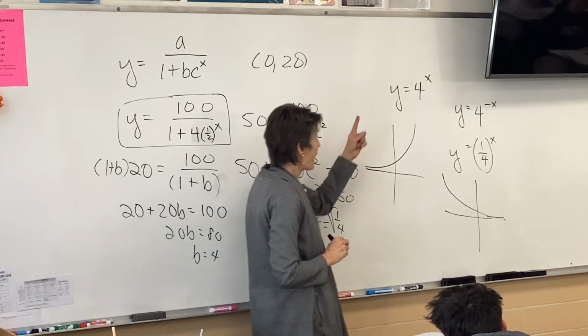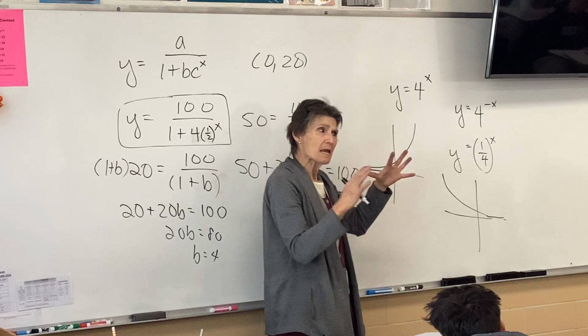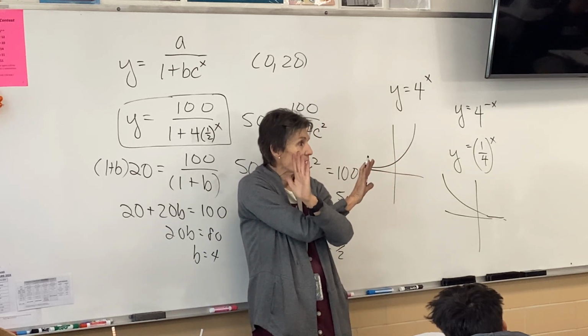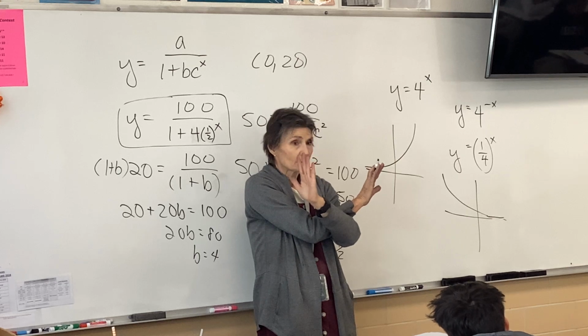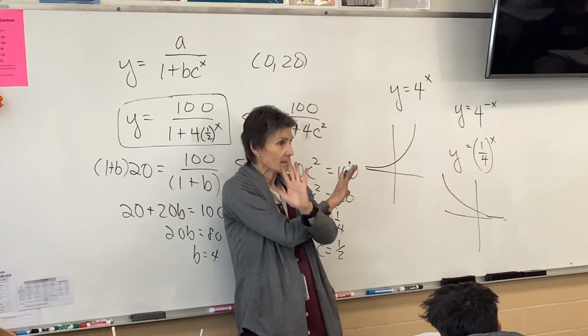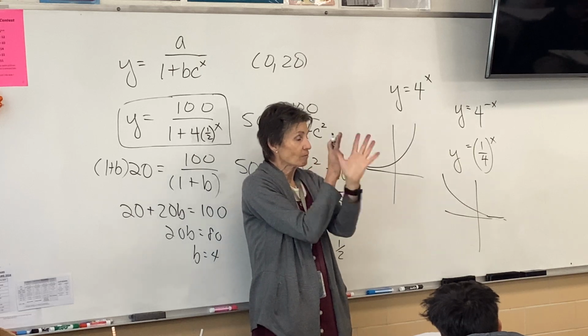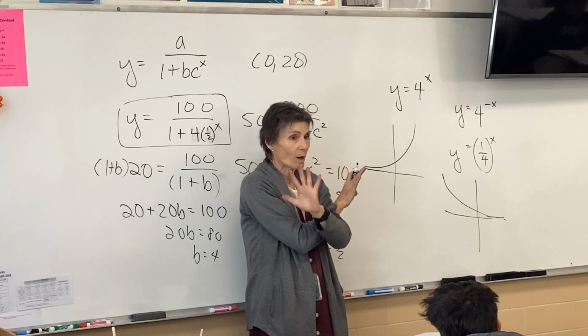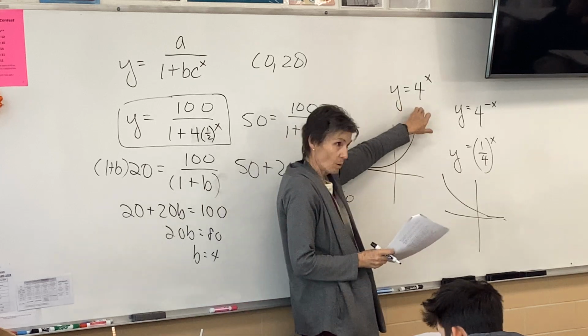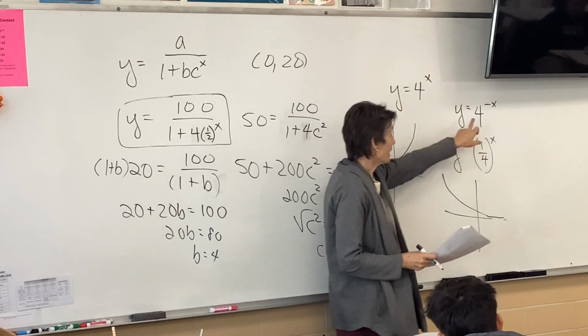These are actually the same basic picture, but they're flip-flopped across the y-axis. Since that's a 4 and that's a 4, they're going to have the same basic points, just flip-flopped across the y-axis. So which one is growth? This one. Which one is decay? This one.